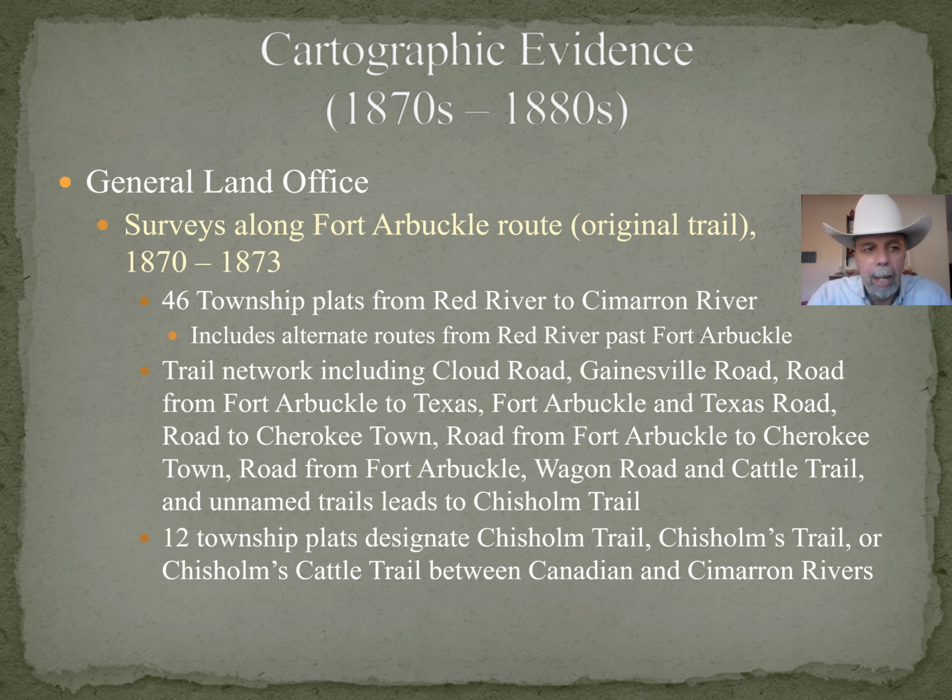And we also find by the surveys that the southernmost point of the Chisholm Trail was located as surveyed a few miles north of the present site of Purcell, Oklahoma, and the northernmost point of the Chisholm Trail as surveyed was located where the Chisholm Trail merged into the Abilene Cattle Trail at the south side of the Cimarron River.